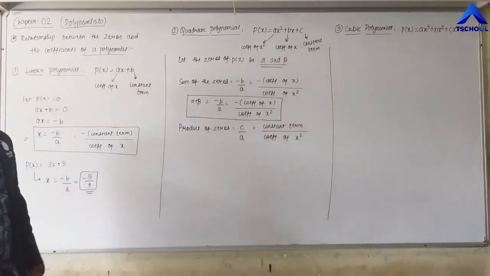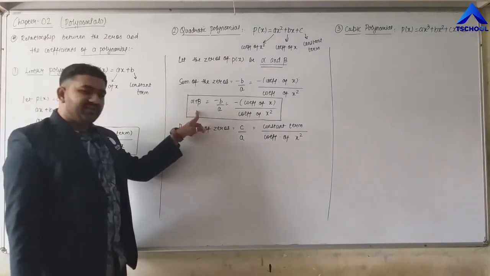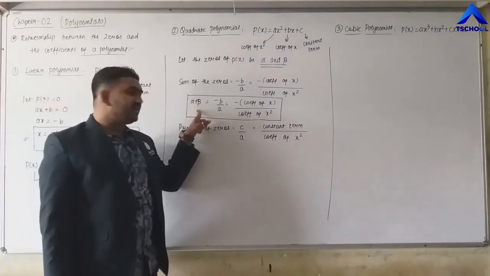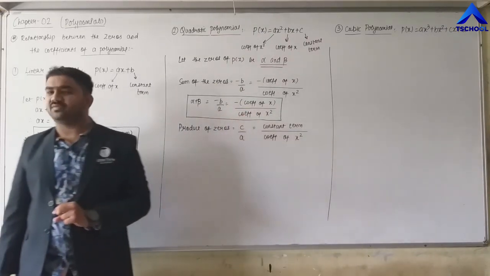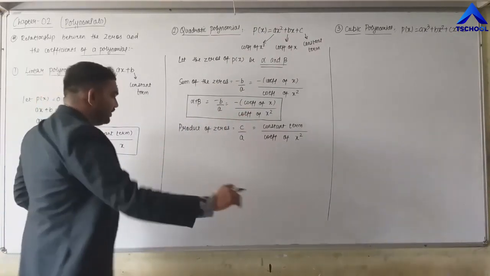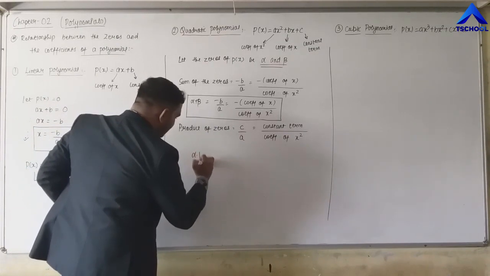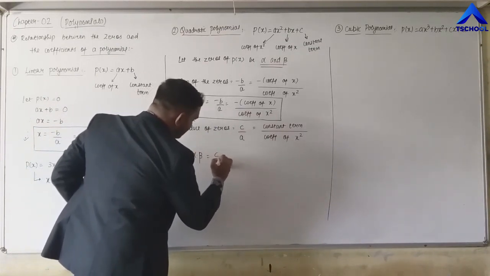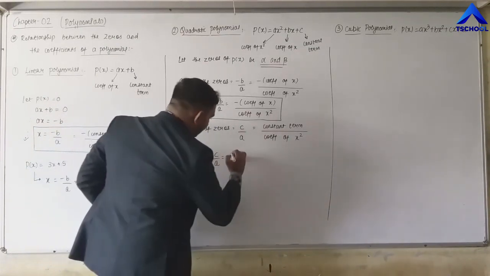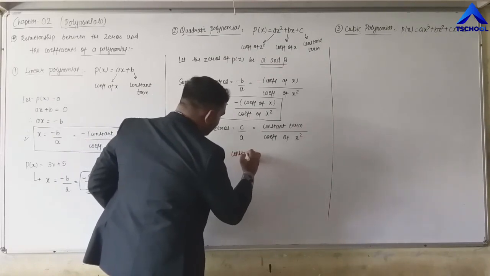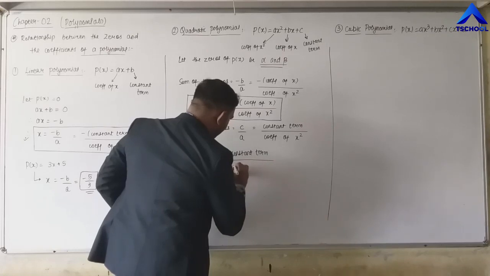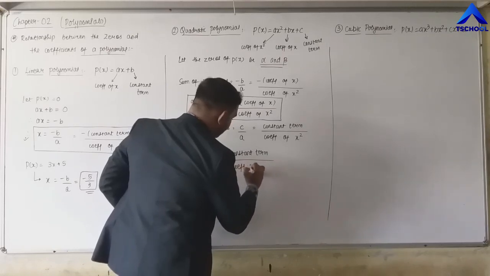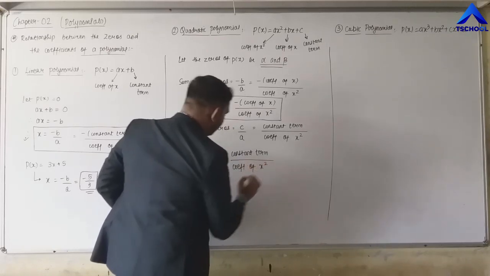Right? Alpha plus beta, that is the sum of the zeros, equals minus b upon a, which equals minus the coefficient of x upon the coefficient of x square. And the product of the zeros, that is alpha into beta, equals c upon a, which equals the constant term divided by the coefficient of x square.